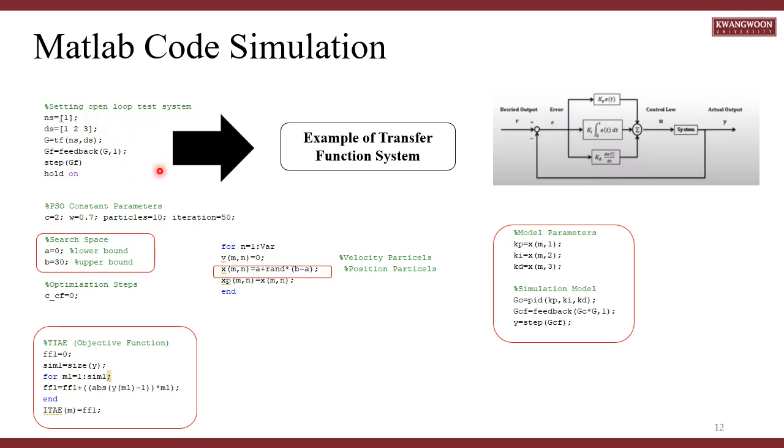After we get the setting value, we need to set the values of the particle swarm optimization. We already discussed C1 and C2, the inertia weight, how many particles or the population, including the iteration time. The search space is also used, as I already discussed. Usually I make a rectangle area in this part.